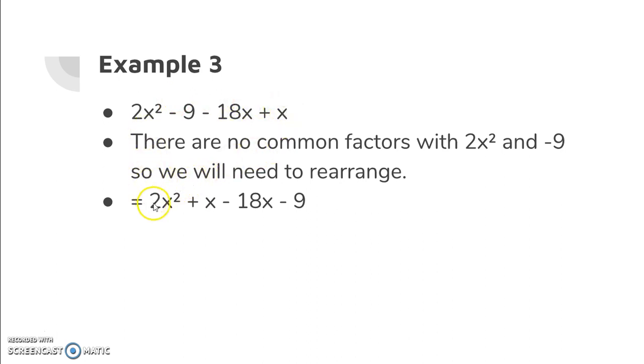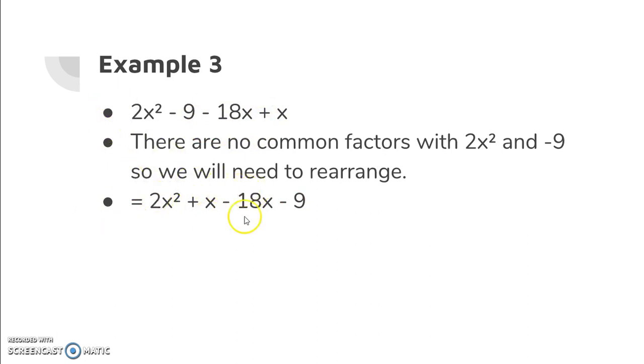So if I move the x to over here, and I move the minus 9 to here, so if I swap this and this, their locations, I'm going to get 2x squared plus the x minus 18x minus the 9. So I swap these two.